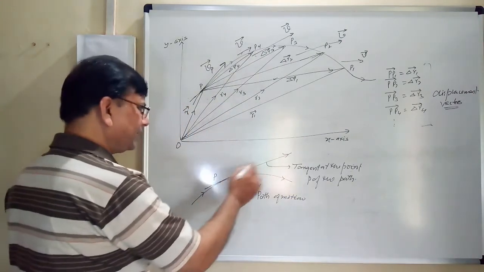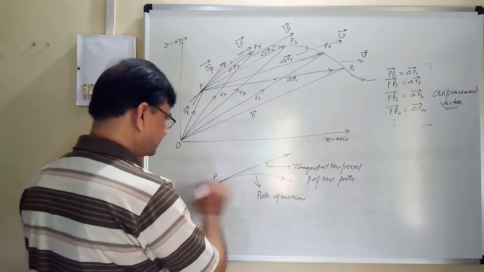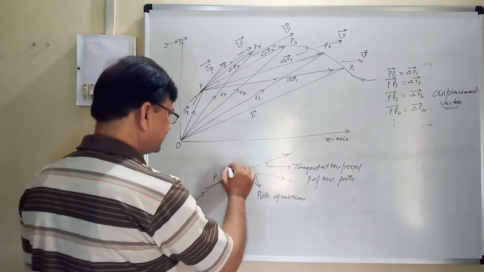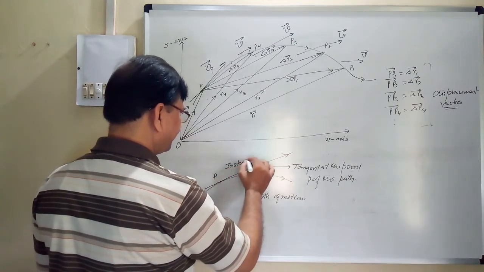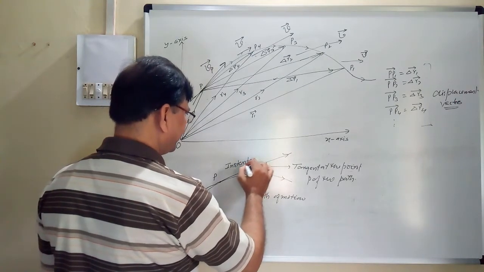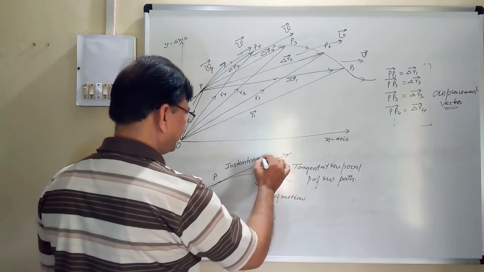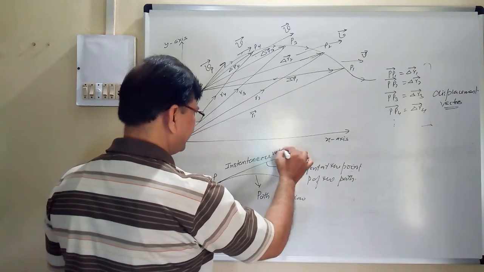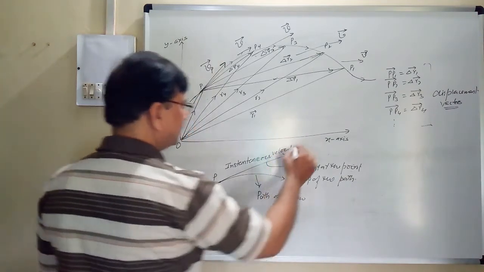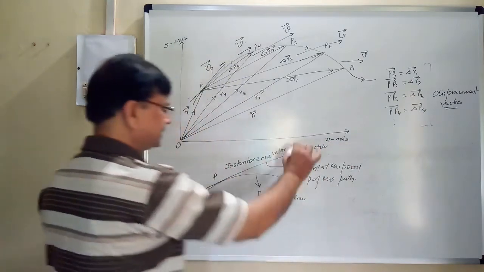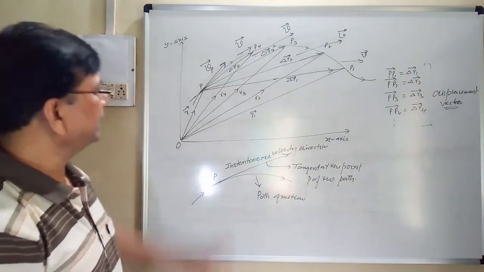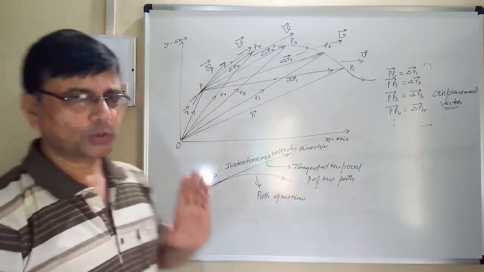So this is called the instantaneous velocity, right? This is the direction of instantaneous velocity that I have shown over here.